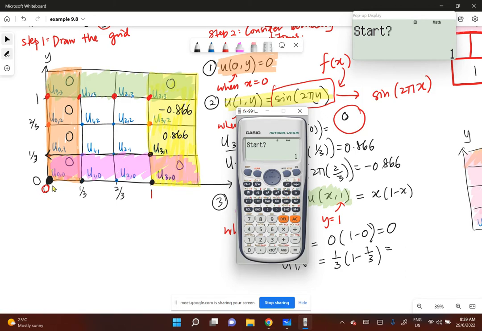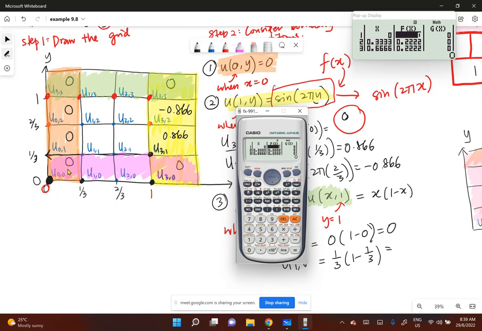The x starts from 0 to 1, with the step size 1 over 3.